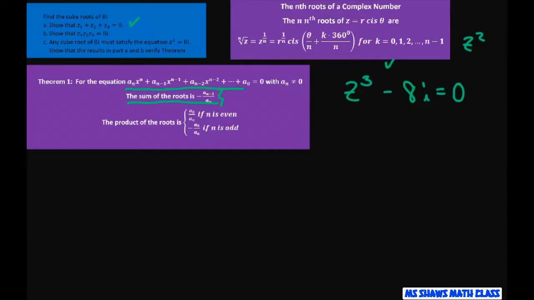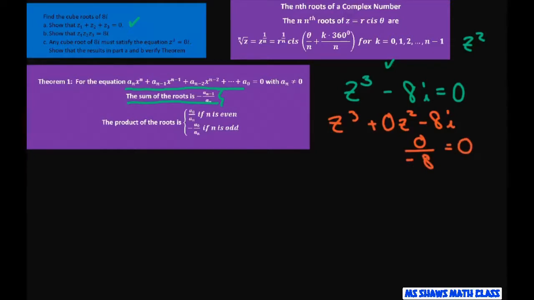Or you could write this as z cubed plus 0 z squared minus 8i, which doesn't make sense really, but then you'd get 0 over negative 8, which would give you 0.